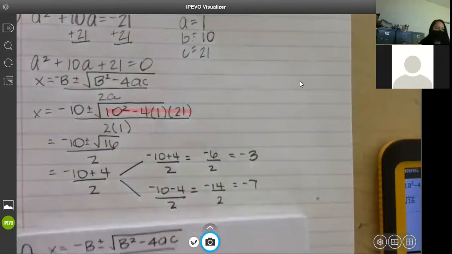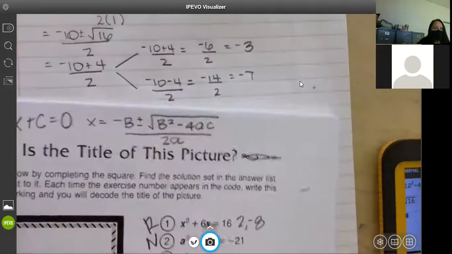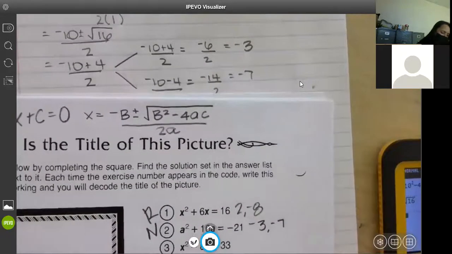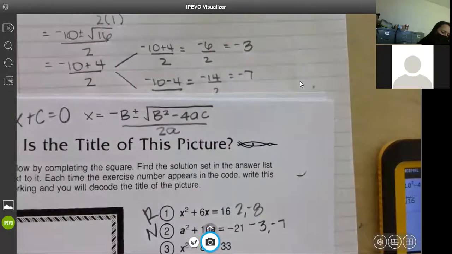So number 2 is going to be n, because you got -3, -7. So everywhere you see a 2, you should put an n.